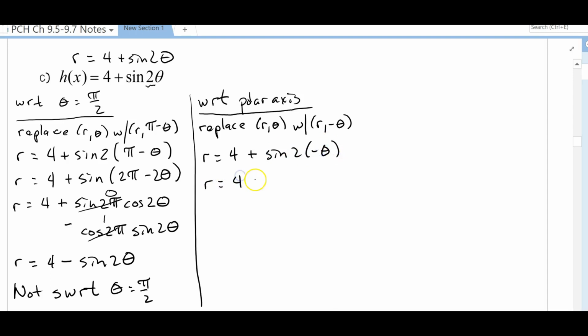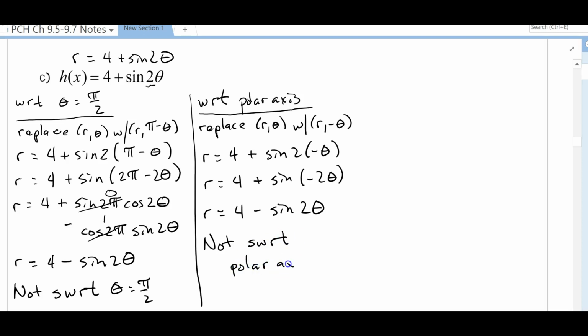So r is equal to 4 plus sine of negative 2 theta. And using our even odd identities, this would simplify to 4 minus sine 2 theta. Again, this is not equivalent to the original function. It's minus instead of plus. So this is not symmetric with respect to the polar axis.